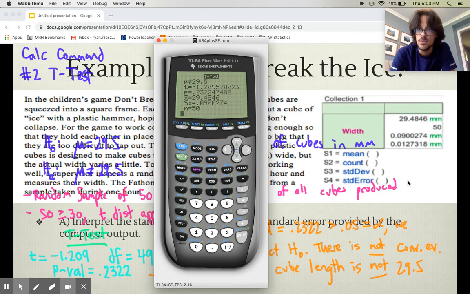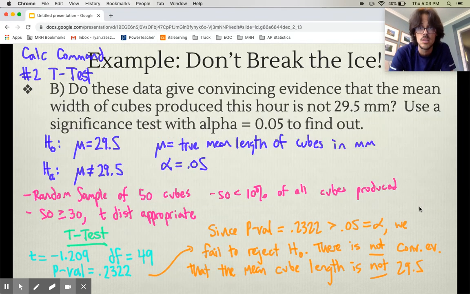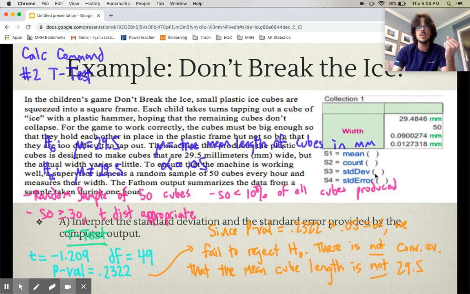What does that mean for us? Well, obviously we failed to reject and all that good stuff. You guys are probably pretty good at your conclusions by now. They got a sample mean of 29.48. They were testing the different cubes. Their average was 29.48. They wanted to see if that was different enough from 29.5 that they would be pretty sure the machine isn't working right.